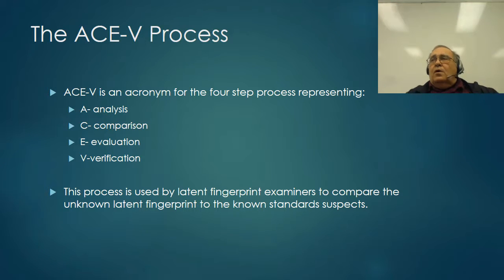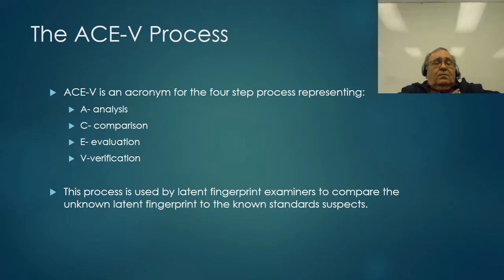For those who are thinking about going into the field of fingerprint identification, classification, and comparison, there's a standard process that latent print examiners go through. It's called the ACE-V process.